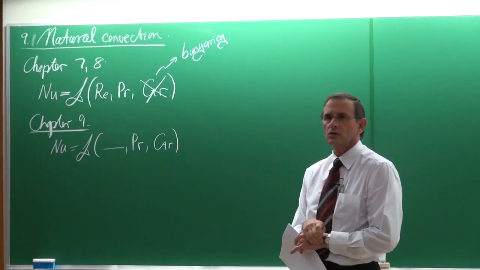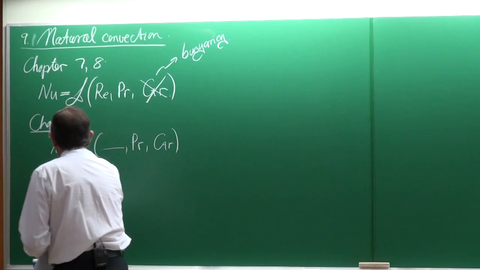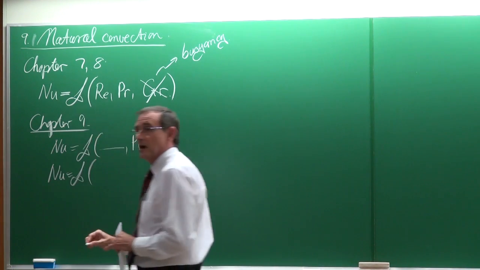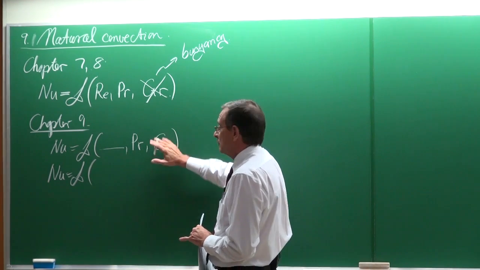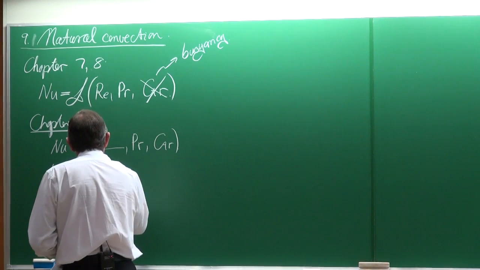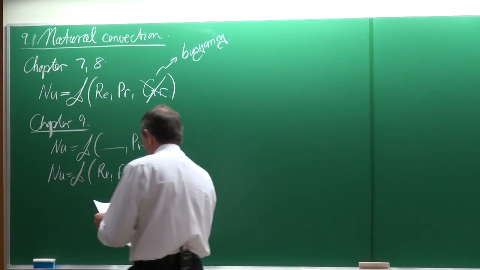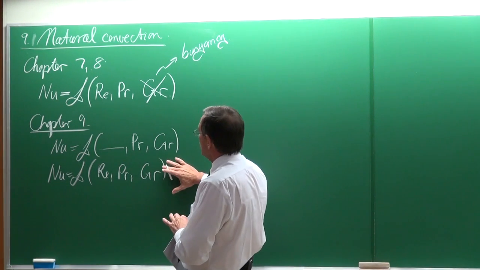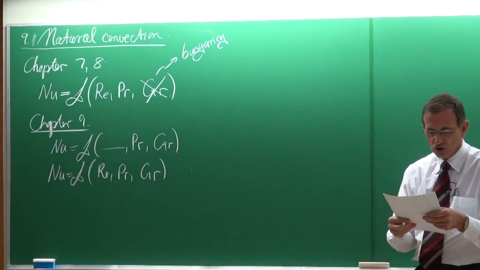But then we're also going to see that there are problems where the Nusselt number is a function of the Reynolds number, the Prandtl number, and the Grashof number, all of them together. So this is about the combination of forced convection and natural convection.